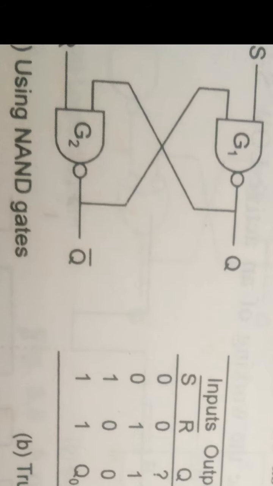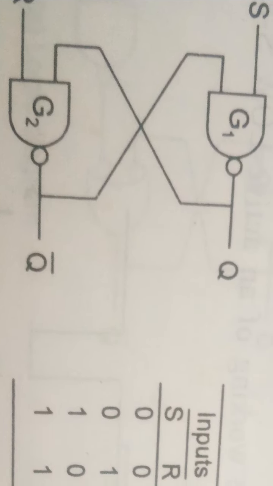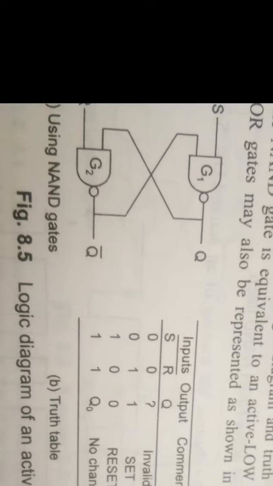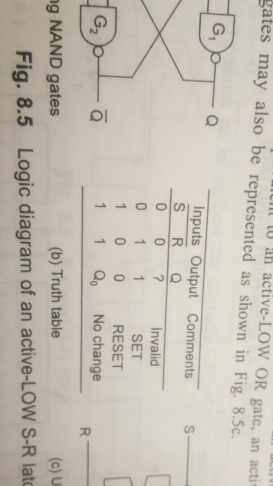This is the circuit of NAND gate. So G1 and G2 are both NAND gates, and the input to G1 gate is S and Q bar, and input to G2 is Q and R. You can see the function table or the truth table for the various inputs.